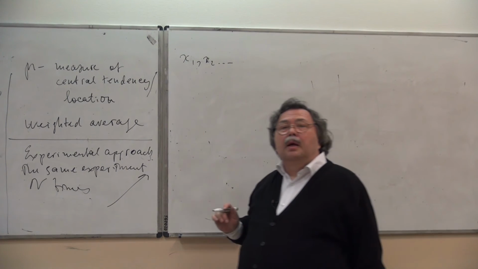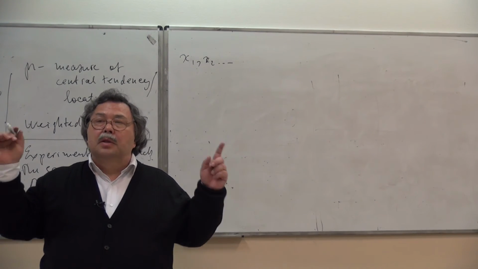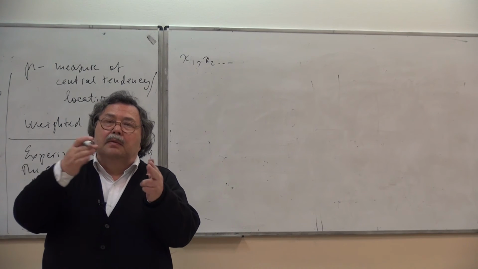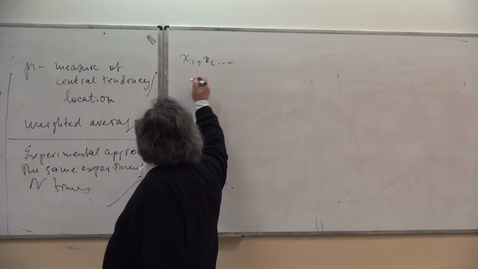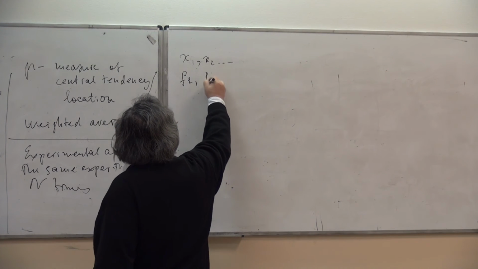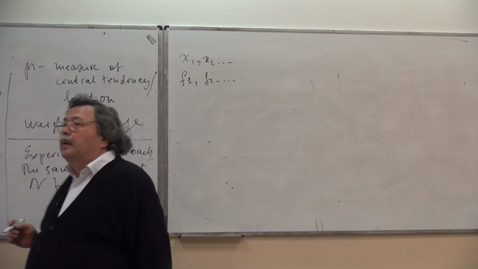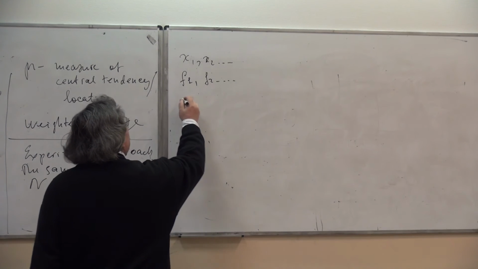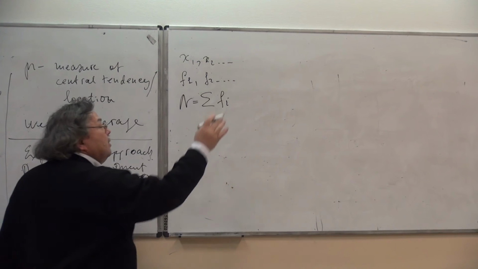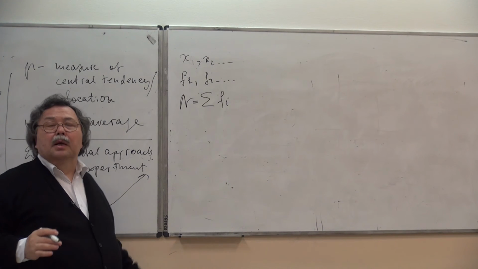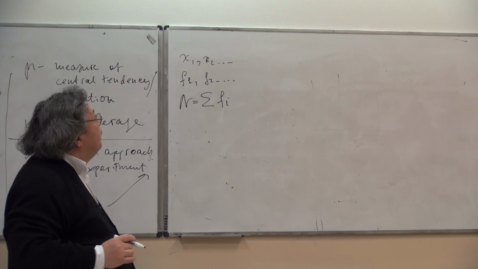And the corresponding frequencies, that is, not relative frequencies, just frequencies, the respective numbers of occurrences of these values, are f1, f2, and so on. And obviously n capital equals the sum of all these frequencies.